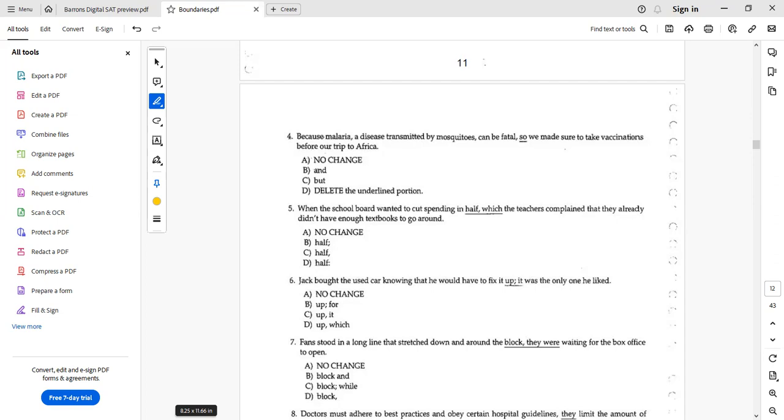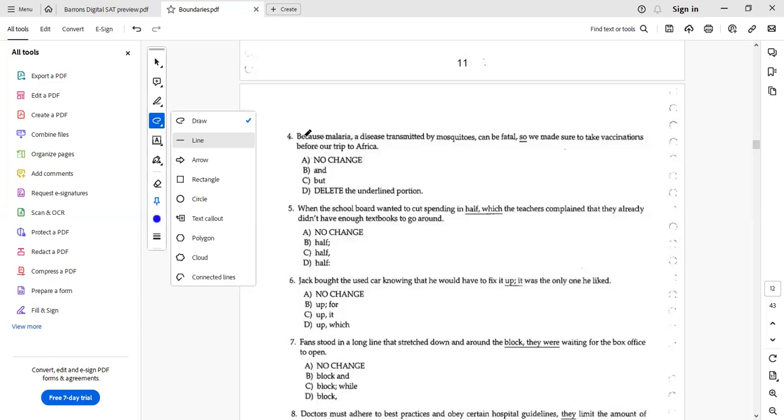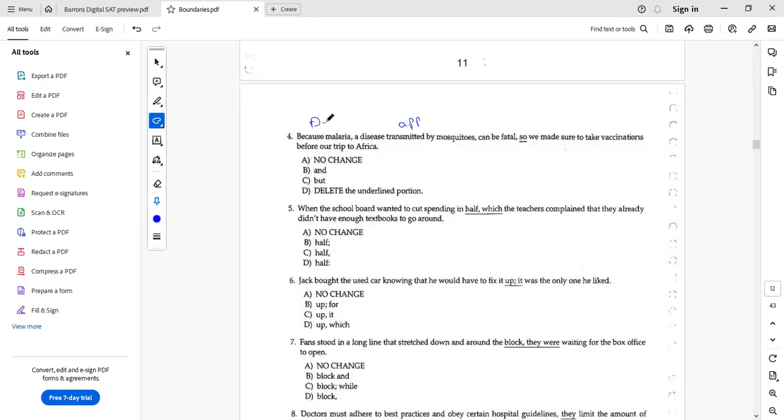Let's look together. Number 4: because malaria, take care, it starts with because, a subordinate conjunction. Malaria is the subject, a disease transmitted by mosquito is an appositive, can be fatal. So this is dependent, because it starts with because. Where is the verb?